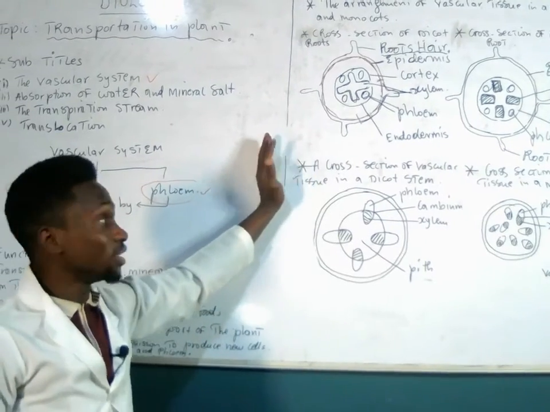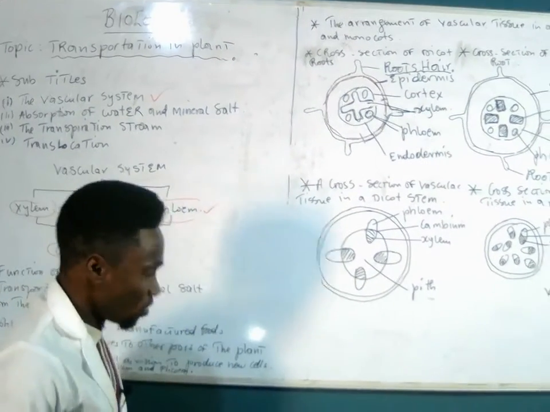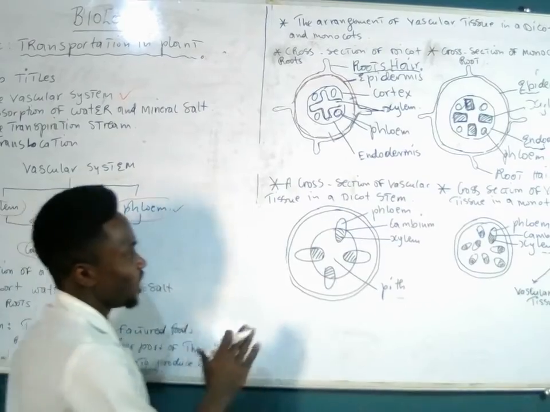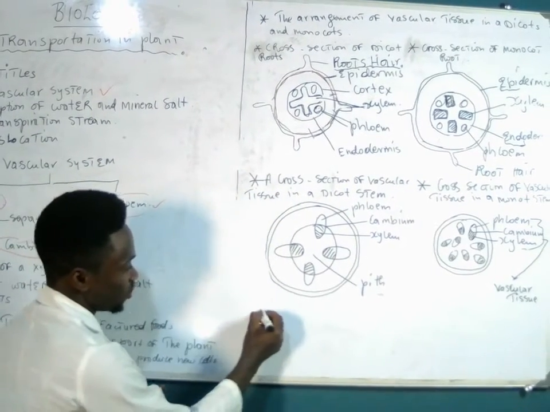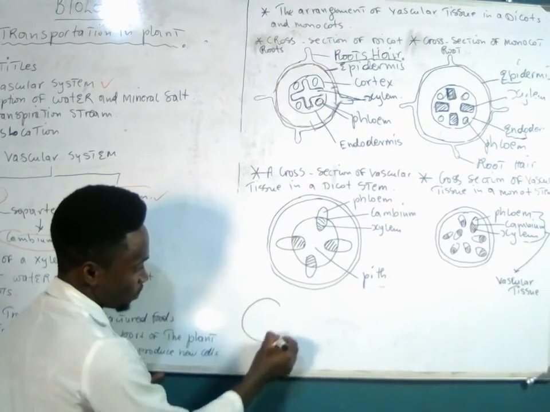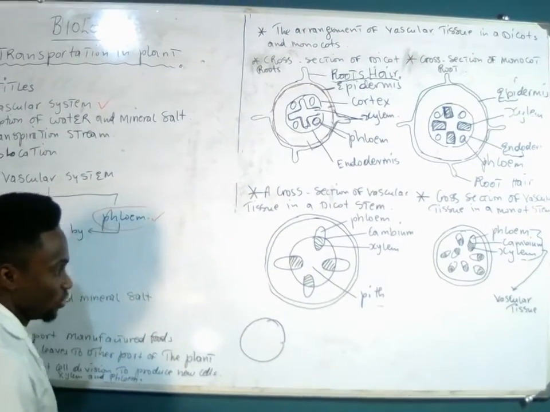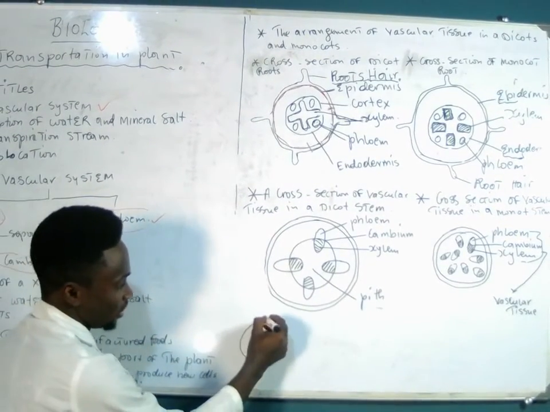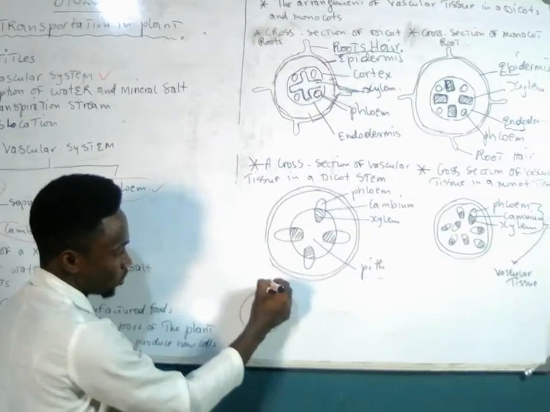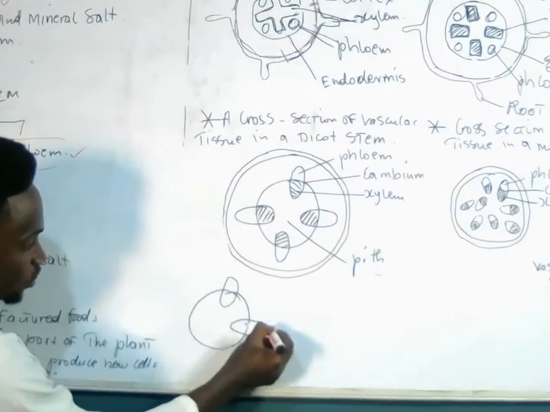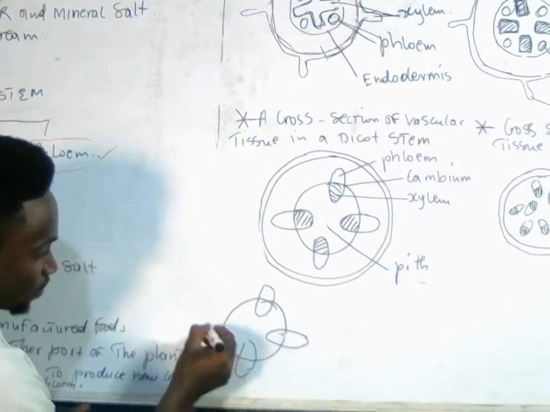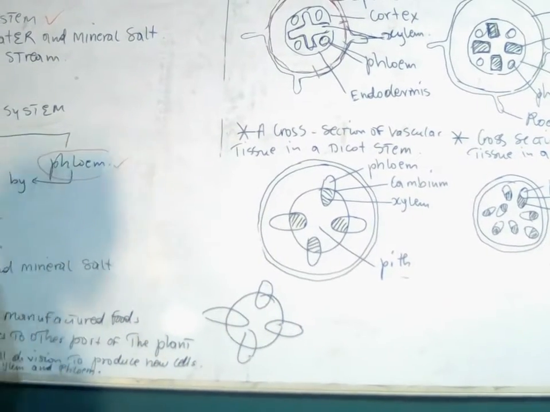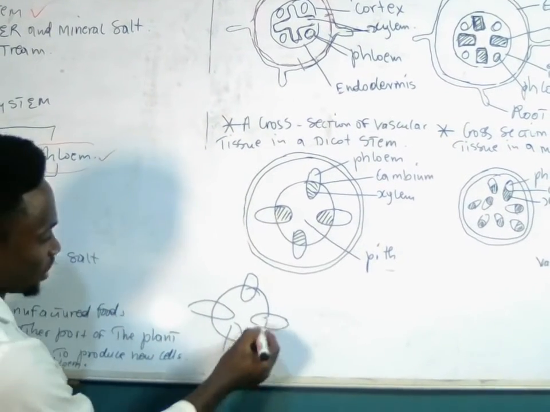Then we move on to the next diagram, which shows the cross section of vascular tissue in a dicot stem. The way you're going to identify this, you're going to have this shape, which is ring-like, more like a circle. Then they will draw the vascular tissue and they'll ask you to label it.